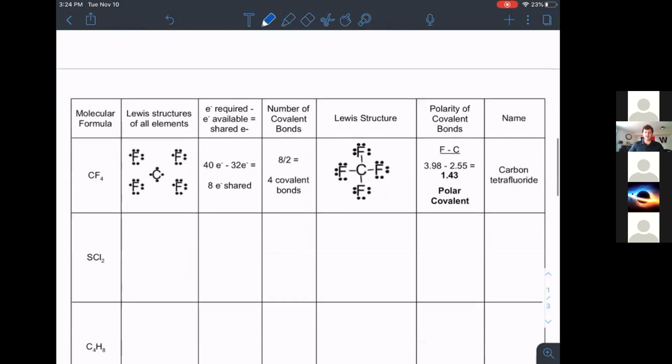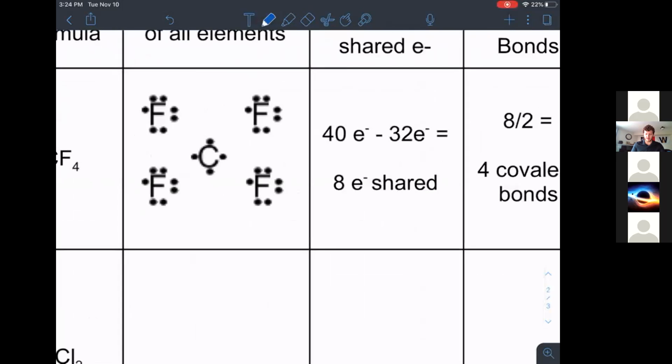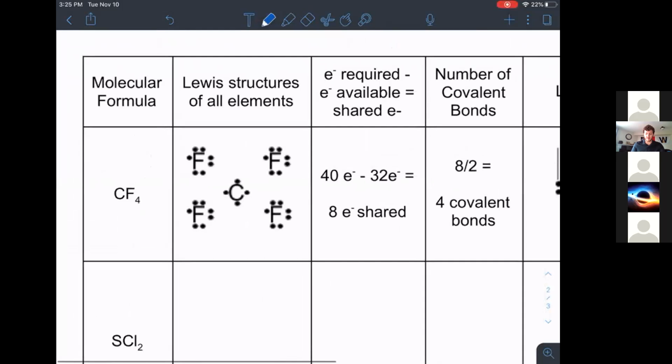So if we look at this first one, they did that for us. You can see that they drew the Lewis dot structure for each of our elements. We have fluorine and carbon here, and they have 4 fluorines. The total number of electrons is found here. It says that there are 8 electrons required for each element.